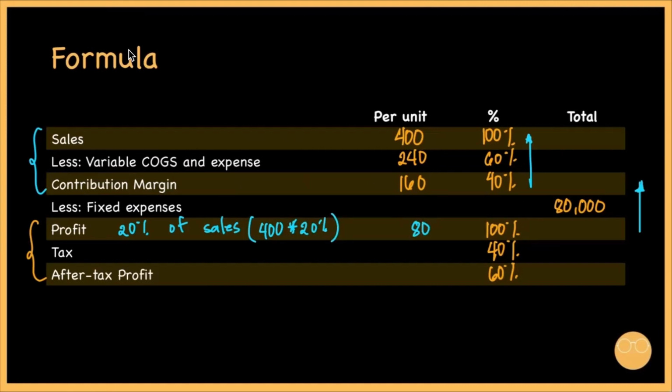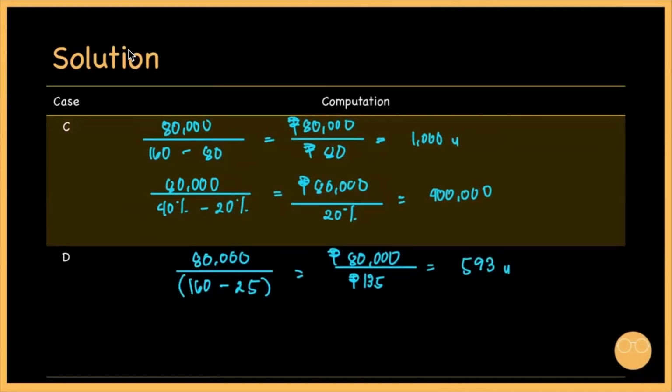Now, we should be able to deduct the 80 pesos in terms of units and the percentage of the profit before tax. And the percentage of profit before tax, that will be 100 less 20%, then we should be able to use 80% of the profit before tax. For letter C, 160 less 80, we should be able to get 80,000.